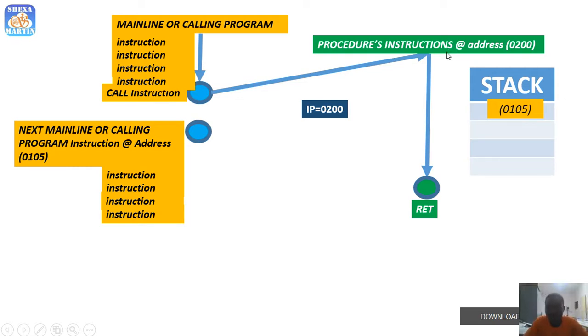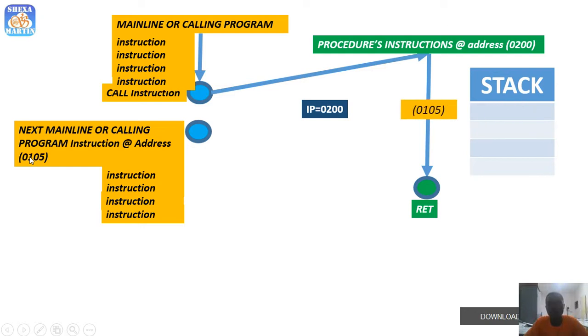And then it runs the called procedure. The called procedure has got its instructions here. Then it gets to return. Once return is executed, 0105, which was pushed onto the top of the stack, is then taken into IP to say the next instruction to be executed is residing at 0105, just after the call instruction, to say after we've run this called procedure, we go back and start from this address.